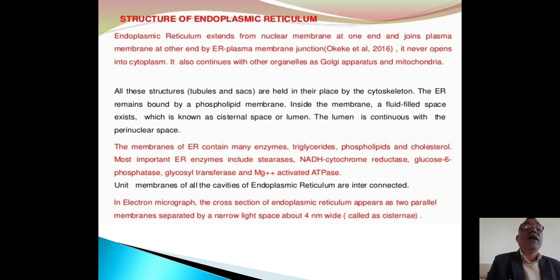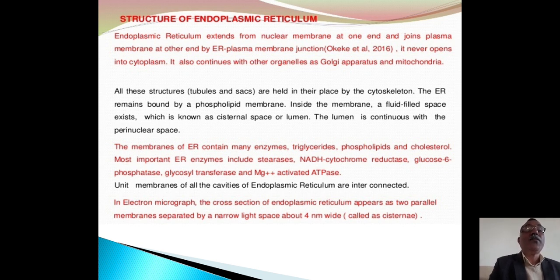Endoplasmic reticulum extends from the nuclear membrane at one end and joins the plasma membrane at the other end by the ER-plasma membrane junction. This has been discovered by Ok et al. in 2016. It never opens into the cytoplasm.